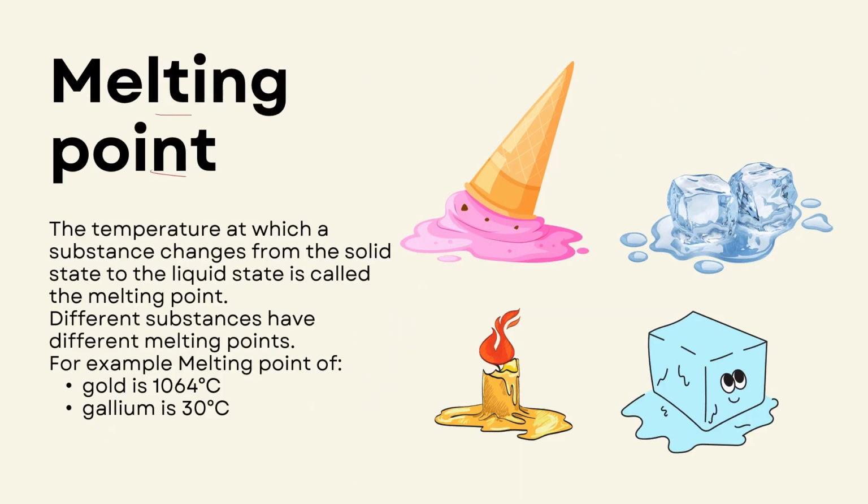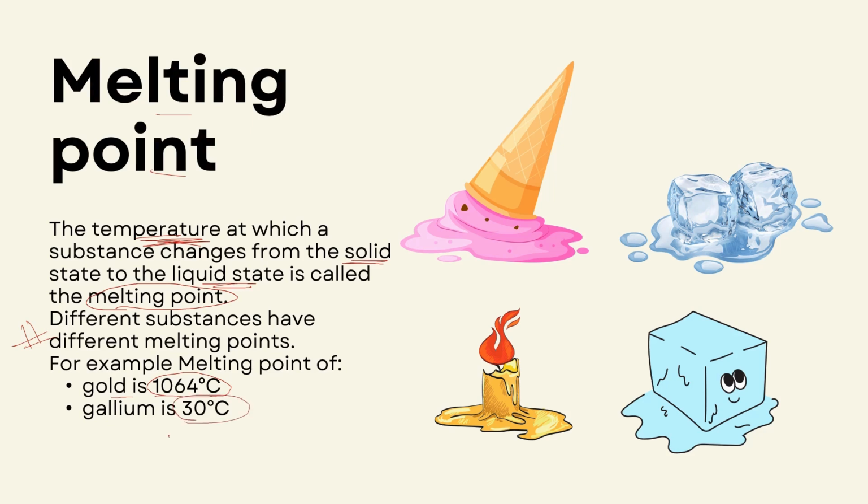Melting point. The temperature at which a substance changes from the solid state to the liquid state is called melting point. Mind it, melting is the change of state, and melting point is the temperature at which the change will occur. Different substances have different melting points. For example, the melting point of gold is 1064 degrees Celsius and for gallium is 30 degrees Celsius.